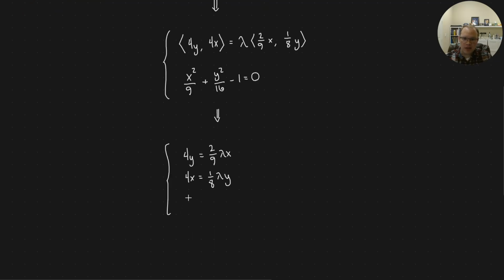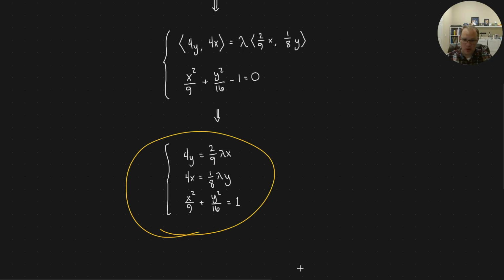And finally, I do still have that constraint equation. I'm going to go ahead and move the 1 over to the other side again. We traditionally set it equal to 0, but this is a little more practical to work with. So this is the system of equations I want to solve.